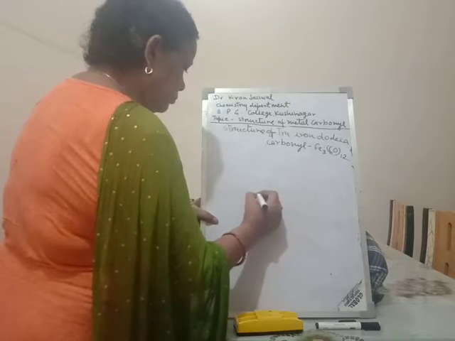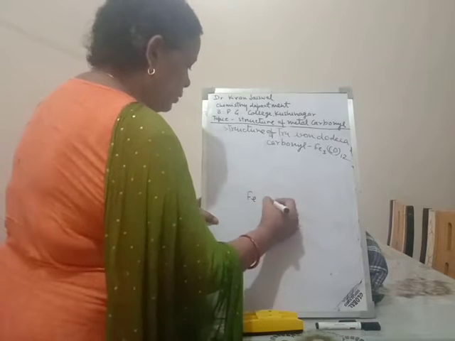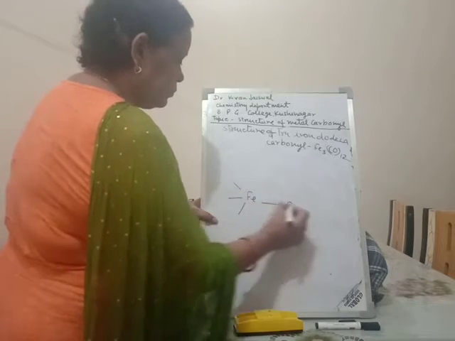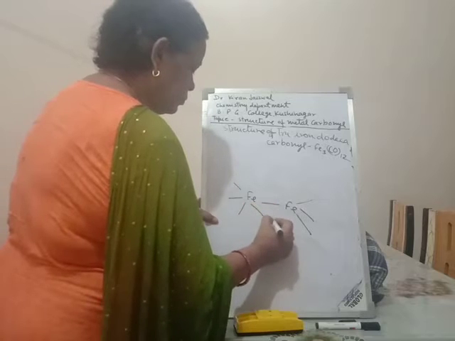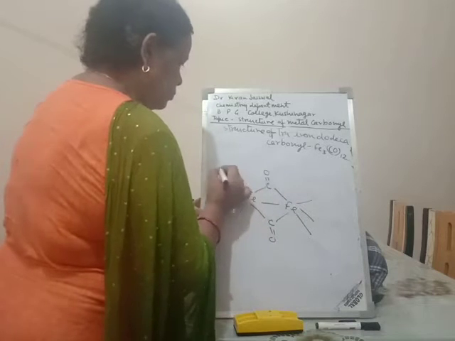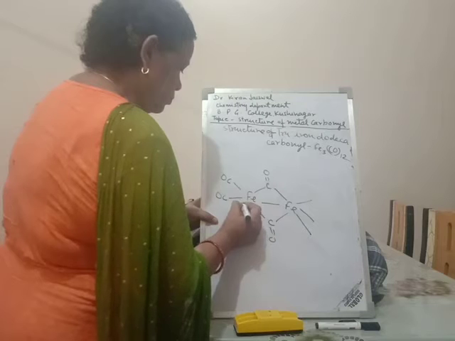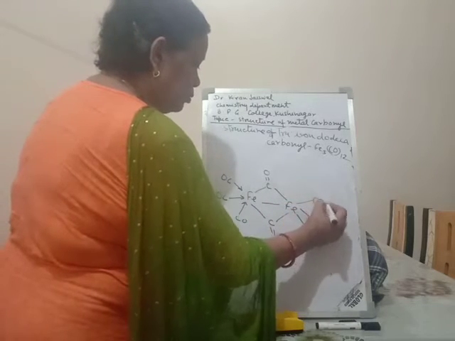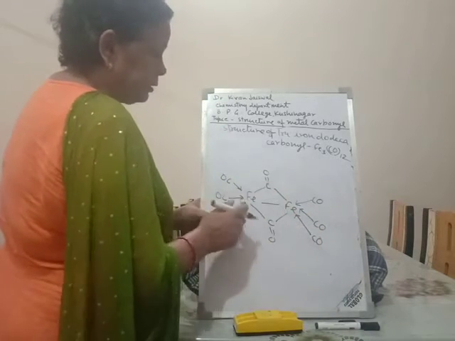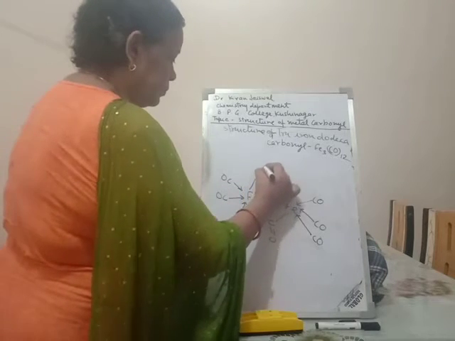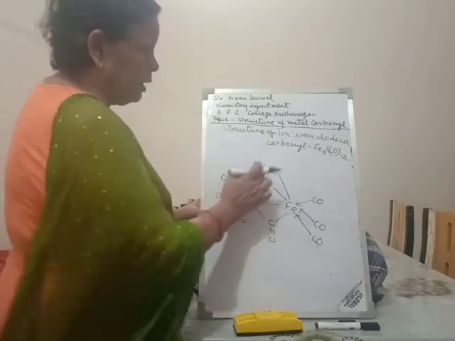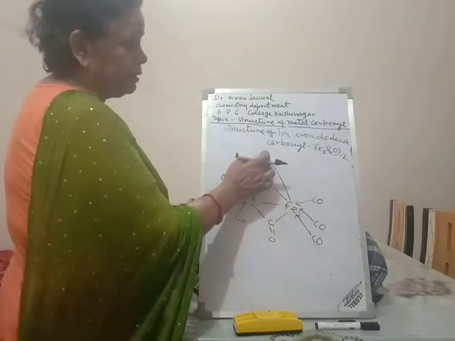In Fe2(CO)9, diiron carbonyl, there is a bridging CO group.